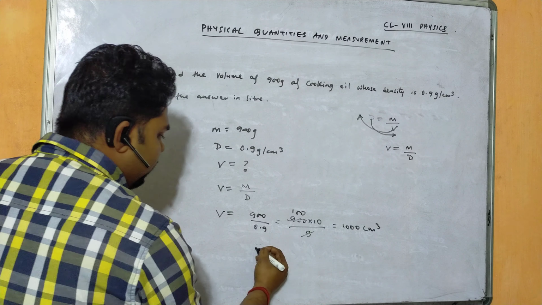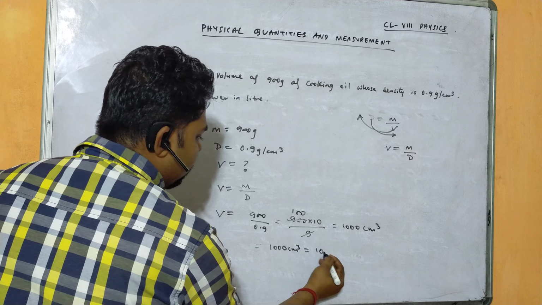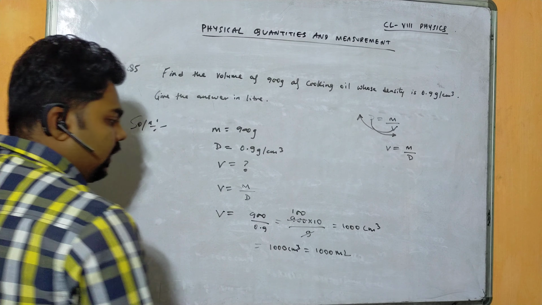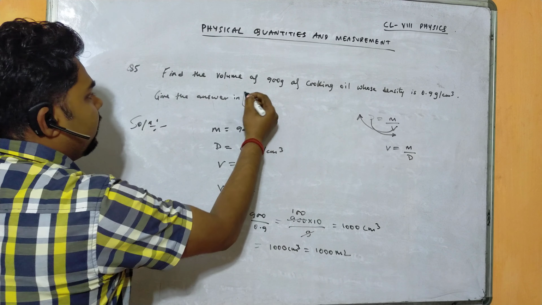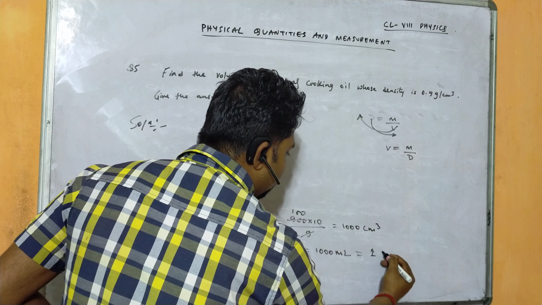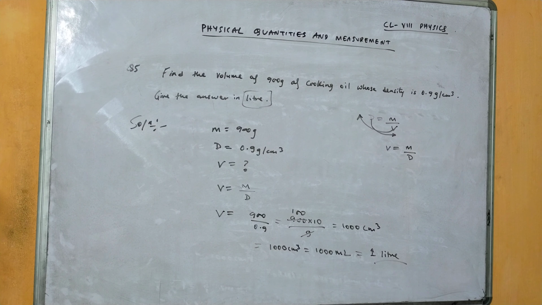Okay, this 1000 centimeter cube can be written as 1000 milliliter, because 1 milliliter equals 1 centimeter cube. Again, we need to calculate the answer in liter. So 1000 milliliter equals 1 liter. So this is the answer. Okay, so at last we have to convert centimeter cube to milliliter and milliliter to liter.